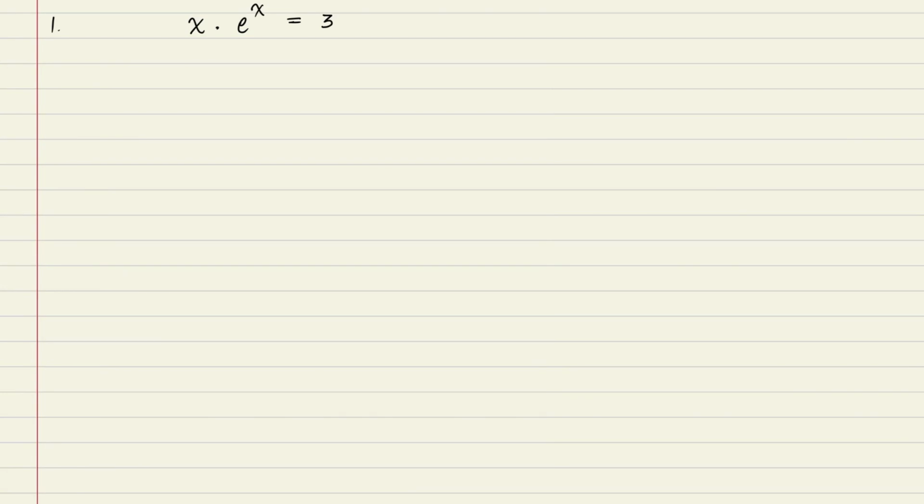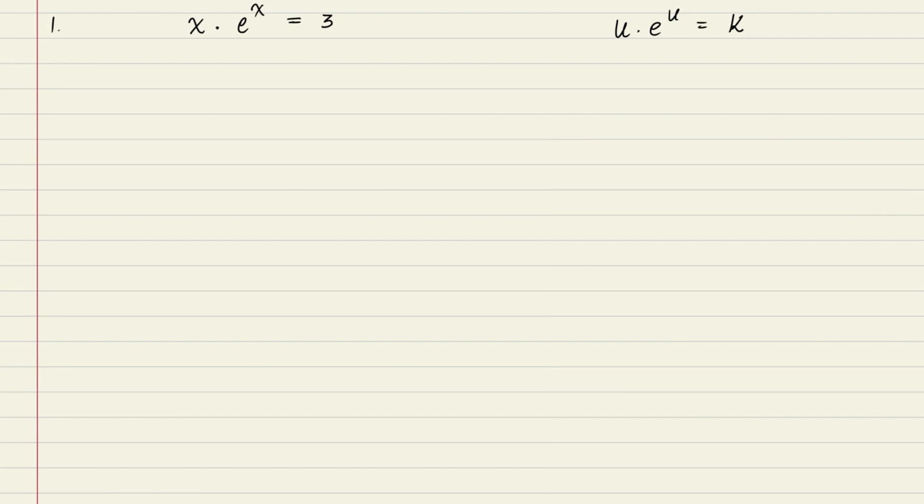So in this video, I'm going to be using the Lambert W function in order to solve 4 questions of increasing difficulty. In order to use the Lambert function, we need to write the equation in the form u multiplied by e to the u, and that should equal some constant k.